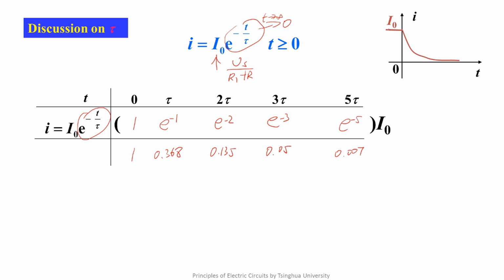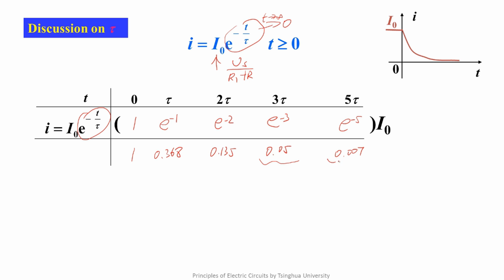What's the meaning? We can find the change of a first-order circuit is from fast to slow with time. And the decaying procedure won't be over forever. But from the viewpoint of engineering, when t is greater than or equal to 3 tau, it decays to 5% of the initial value.